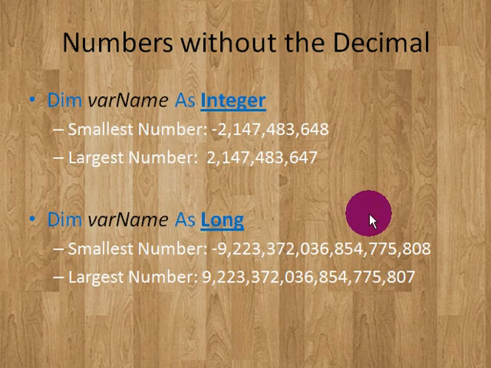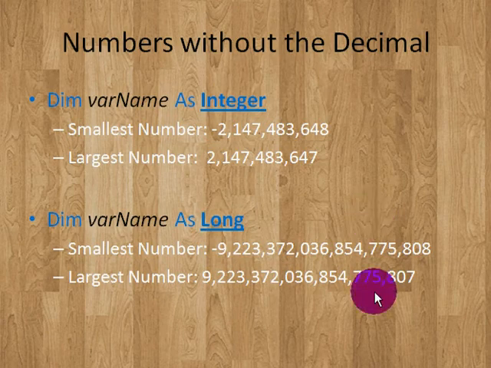Now, bear with me, this is an extraordinarily long number. In this case, the smallest number it can handle is negative 9 quintillion, 223 quadrillion, 372 trillion, 36 billion, 854,775,808.